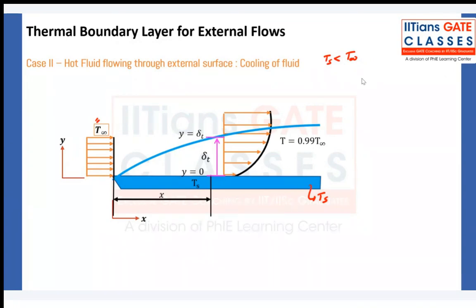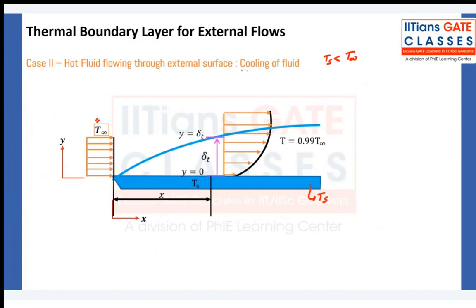The solid plate is at a lower temperature than the hot fluid. That means the fluid will give heat to the solid plate and get cold. So it is cooling of fluid.